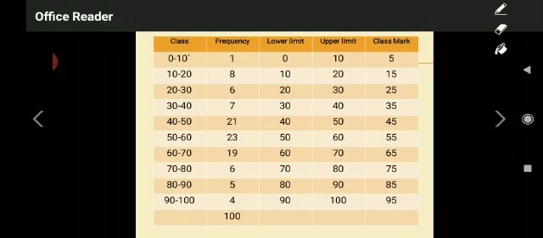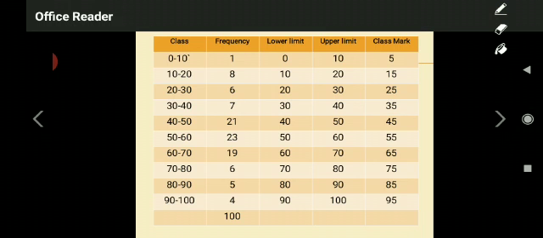Okay. Now look at the second class limit. The second class limit is between 10 to 20. Here you have to take 10. That observation 10 you have to add in the second class limit, because you have not added that 10 in the first class limit. But here one more important thing you have to understand.